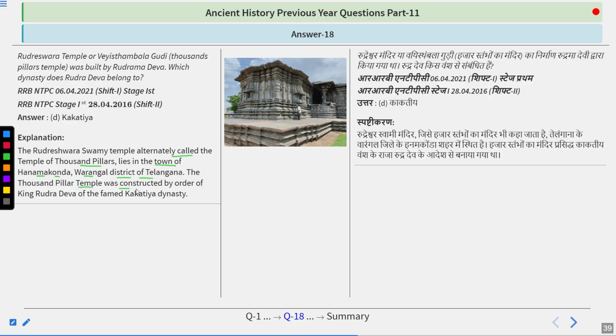The Thousand Pillar Temple was constructed by the order of King Rudradev of the famed Kakatiya dynasty. Kakatiya dynasty was the real owner of the Kohinoor diamond, which was later transferred to Malik Kafur, and then got into the hands of Alauddin Khilji. So do remember the name Kakatiya.